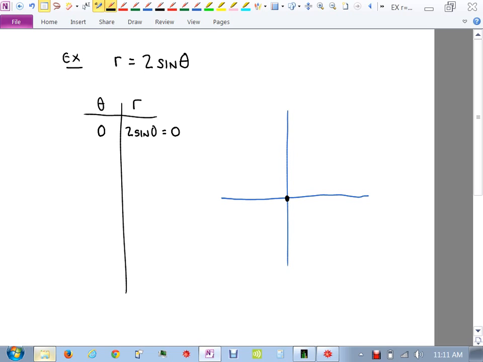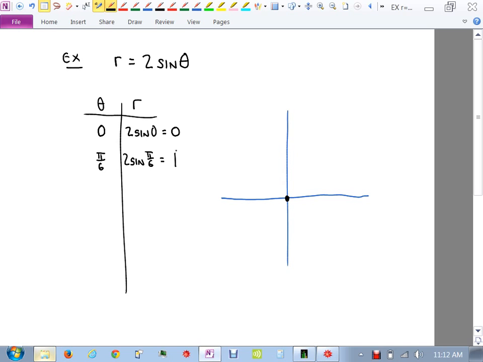Now, let's change our angle. Let's go pi over 6. So 2 sine of pi over 6. What's sine of pi over 6? 1/2 times 2 is 1. So you get 1. Is that all right?